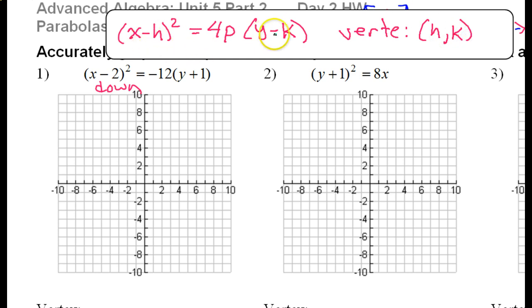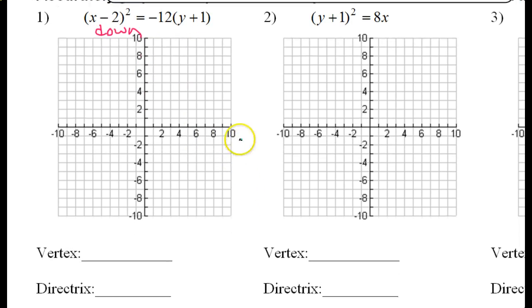So it'll just sort of be the opposite of these two numbers. So we figured out that it's down. Our next move is to find the vertex. The vertex is going to be the opposite of the x number and the y number. So the vertex will be 2 comma negative 1.